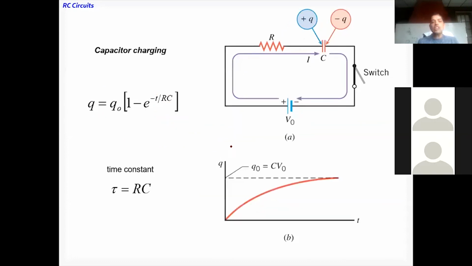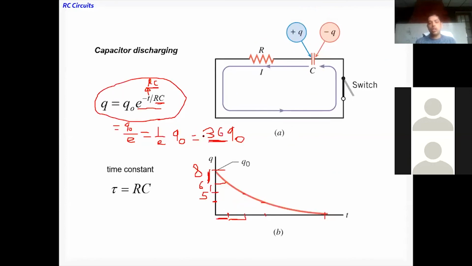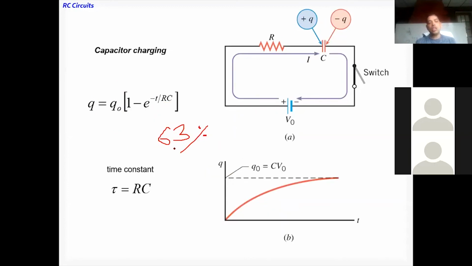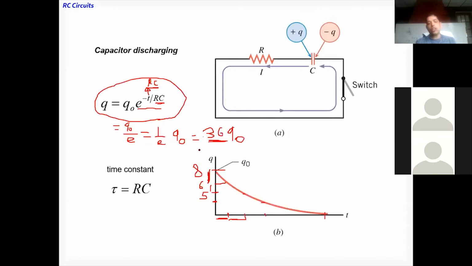While in the case of charging, during that time, how much will be charged? 63%. In the same time, charging happens 63%, but discharging happens 36%. If we add 63 point something and 36 point something, that happens to be 100%. See the magic?